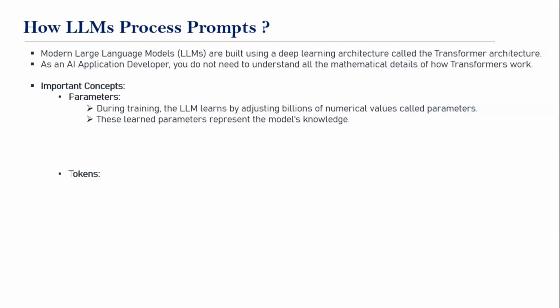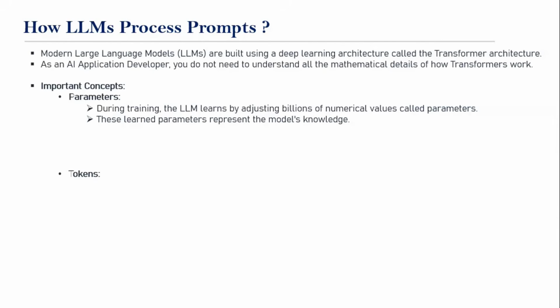Let me try to compare this concept with real life. Just take an example like a child is learning English. So generally how does the child learn English? Over several years, the child learns vocabulary, grammar, facts, writing style, and reasoning patterns.